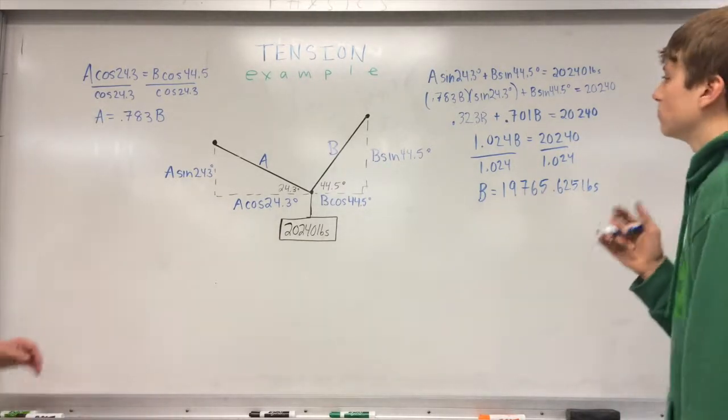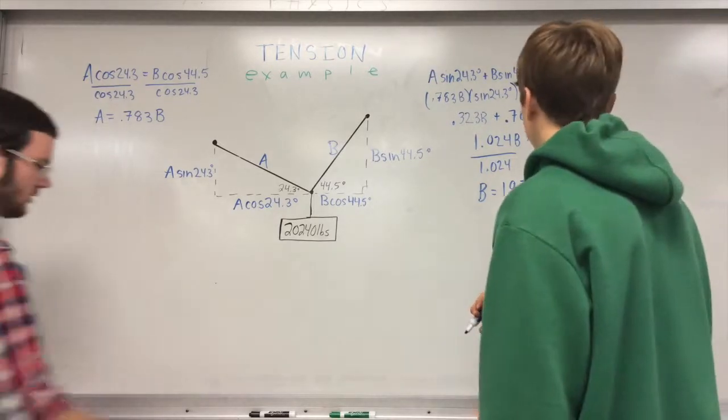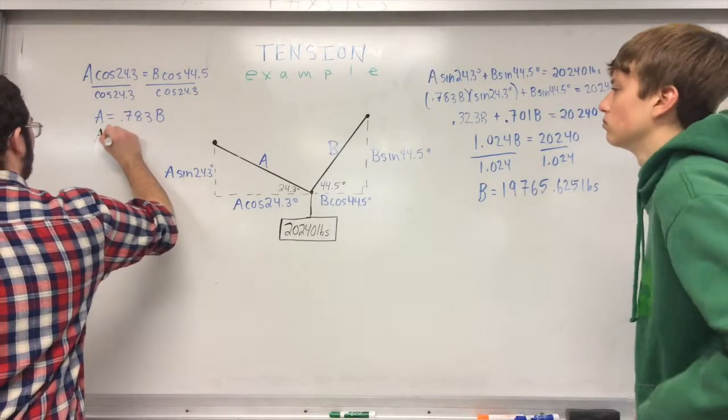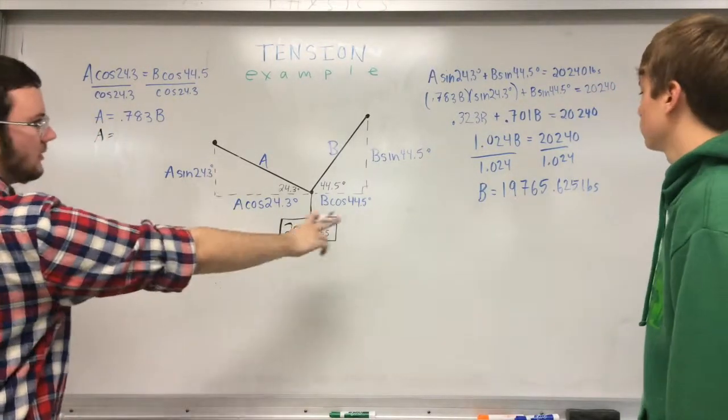Now for this one, again, you just plug it back in. So A is going to be equal to this times your B value.